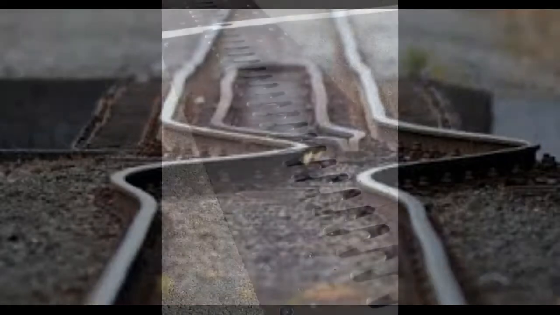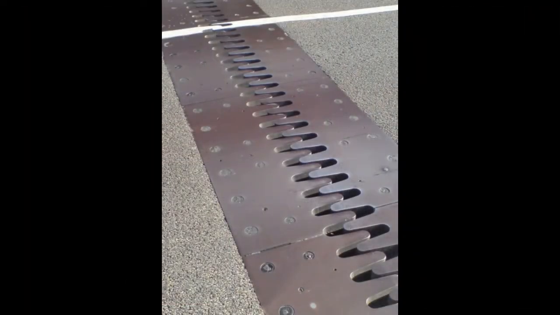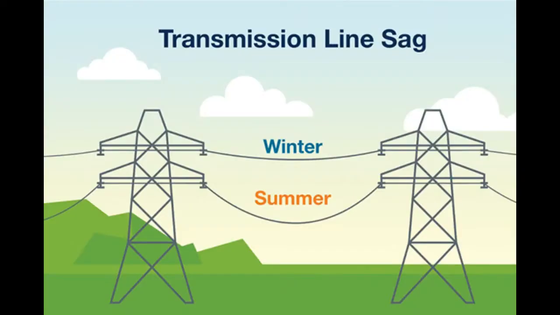Thermal expansion joints in the roads and on bridges allow the road and bridge to change its length without buckling. Have you ever wondered why electric transmission lines sag? Sagging transmission lines from thermal expansion in the summer will be taut in the winter.